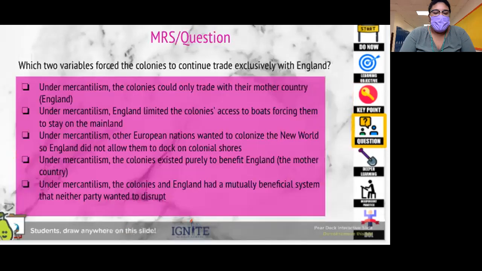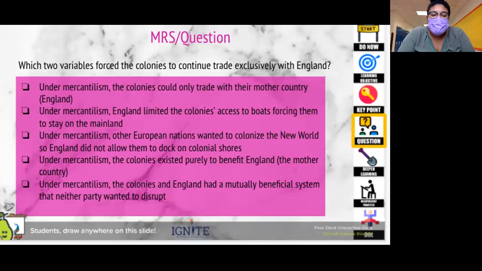Which 2 variables forced the colonies to continue to trade exclusively with England? Under mercantilism, the colonies could only trade with their mother country, England. Under mercantilism, England limited the colonies' access to boats, forcing them to stay on the mainland.